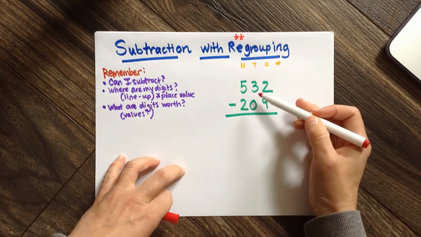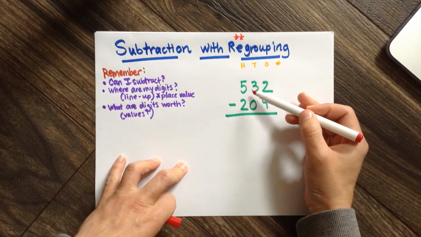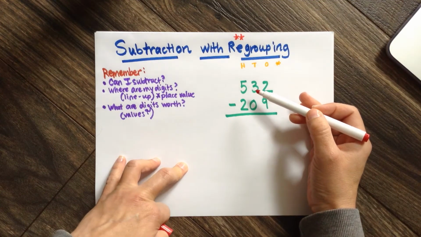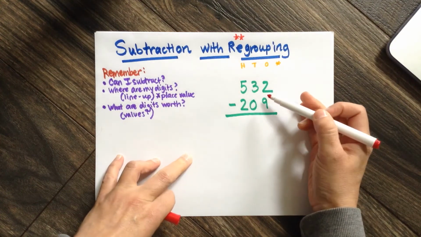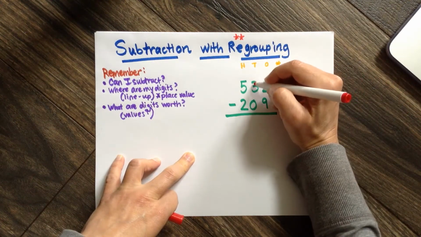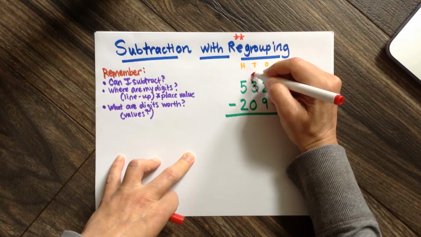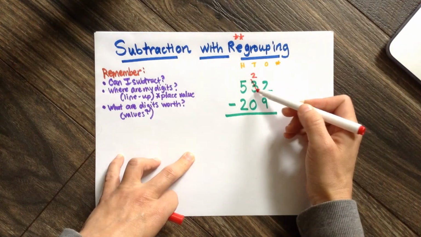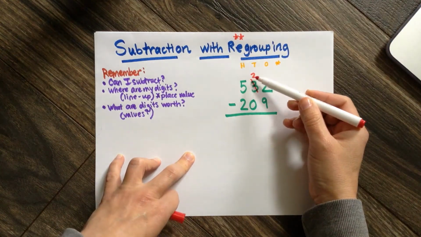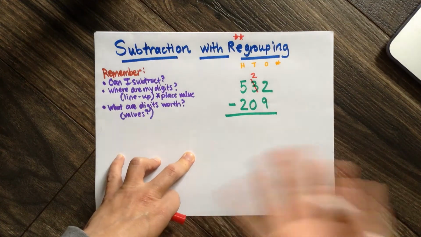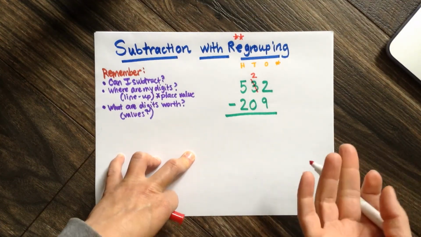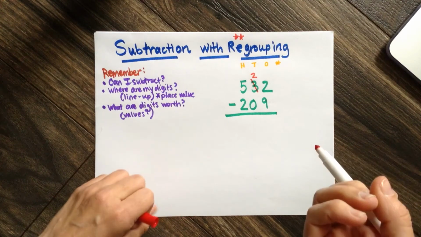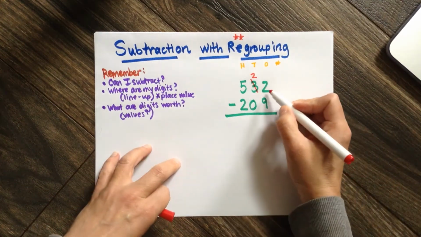So I'm going to change that 3, and I'm going to make that 3 a 2. So now instead of having the value of 30, I now have the value of 20, but I have to give something.